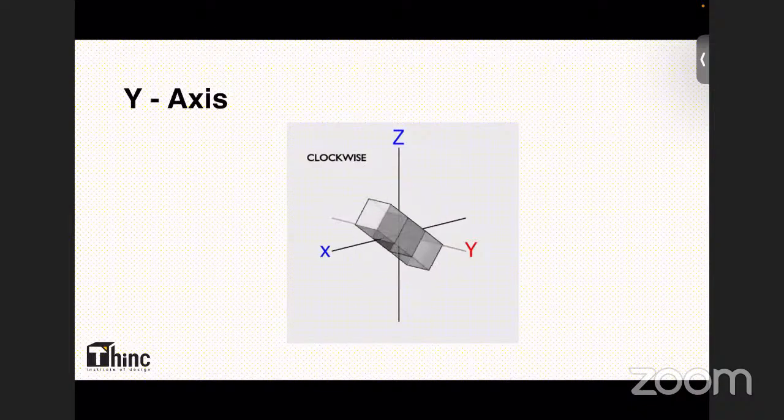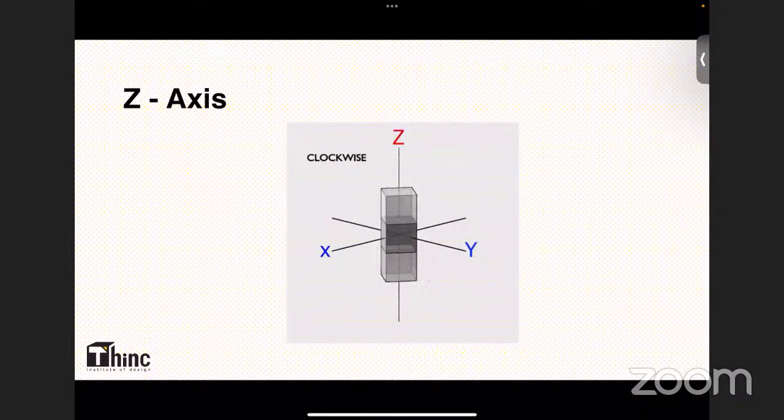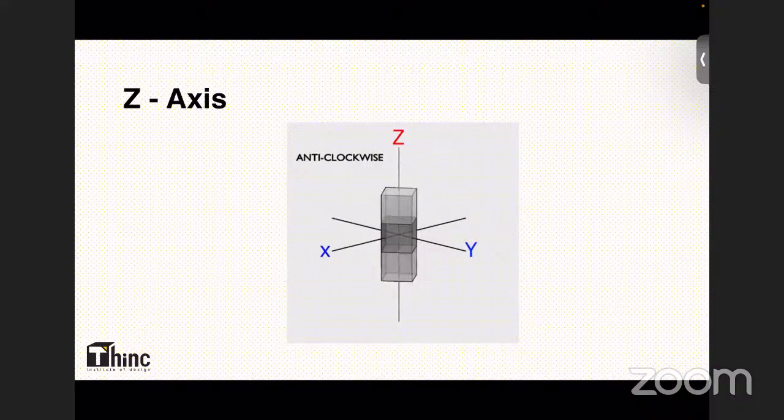Next is along the z-axis. That is one of the important ones. The square at the top, and the z-axis perpendicular to the square at the top. This is how we rotate it in clockwise and anti-clockwise direction. If you have a doubt, imagine a clock over that square.